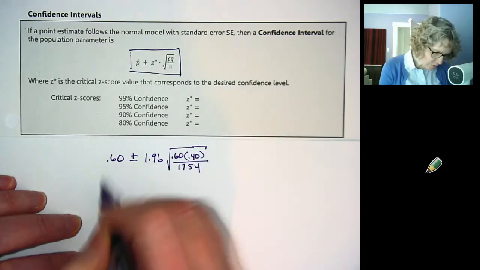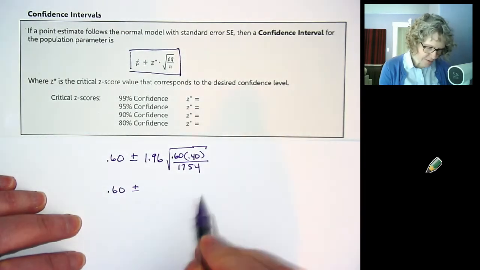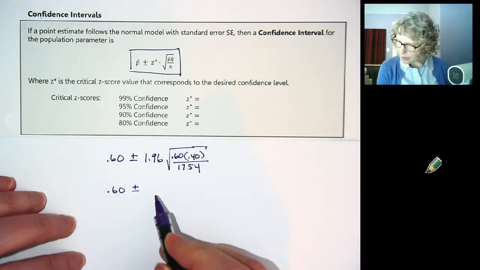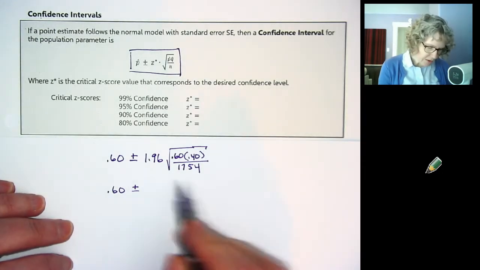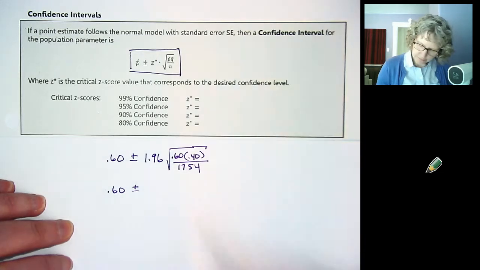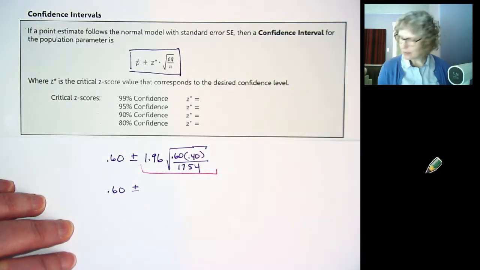Okay, so I will just bring the 0.60 plus or minus down here because the website said their margin of error was plus or minus 2.7. And we're going to calculate just this part and see if we get the same thing or not.